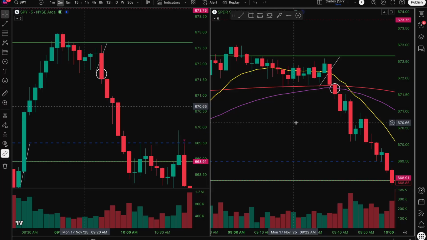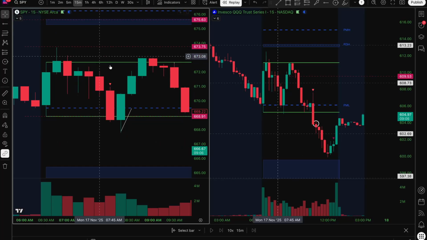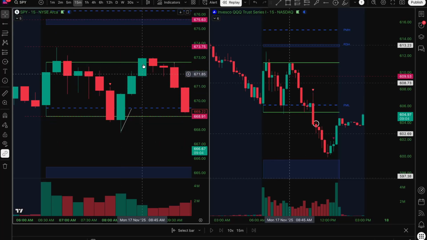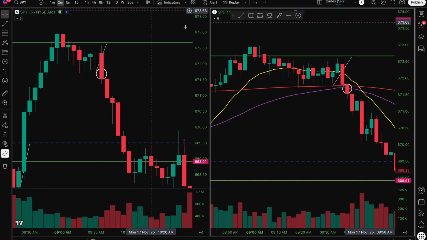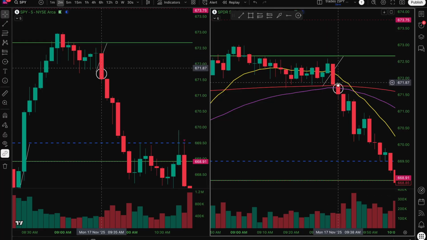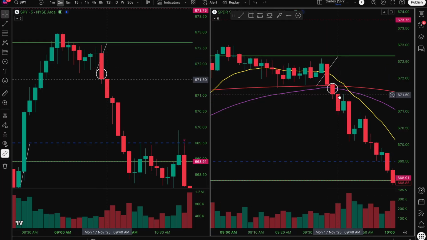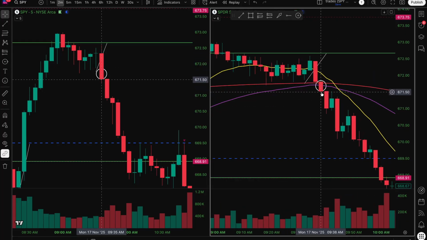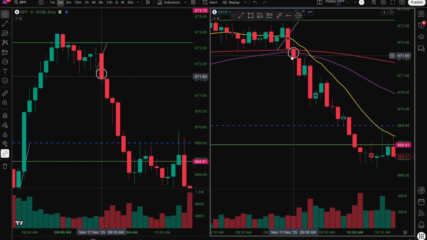So you got a few different things going for you. You got this anomaly on the higher time frame, which is the 15-minute. Jump down to the 2-minute, and you spot this other anomaly and a break below the 200 and the 48. So boom, good entry right there.